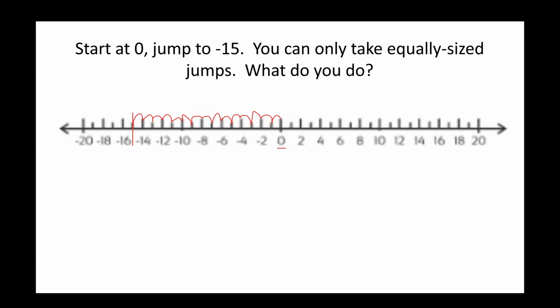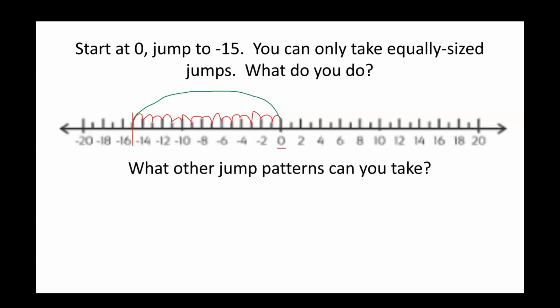We could also take one huge jump that covers negative 15. Again, we have to say negative 15 because we are moving to the left. The direction matters. What other jump patterns can we take? This is similar to our first problem when we were going to positive 15, except for now we're going to negative 15.